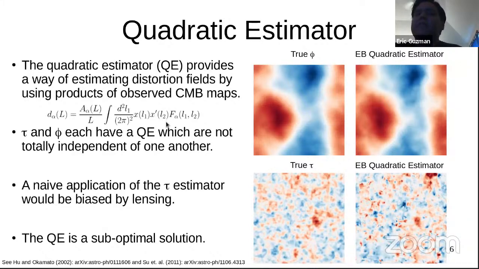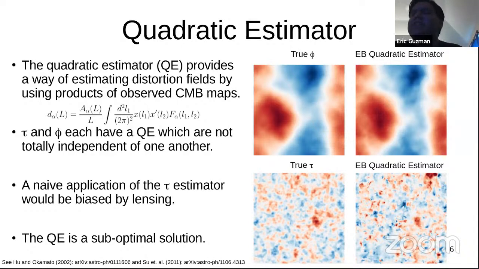And so tau and phi can both have a quadratic estimator of the same form, just with different weighting functions and slightly different normalization. But tau and phi, their quadratic estimates aren't totally independent of one another. A naive application of the tau estimator to these observed CMB maps would be biased by lensing.